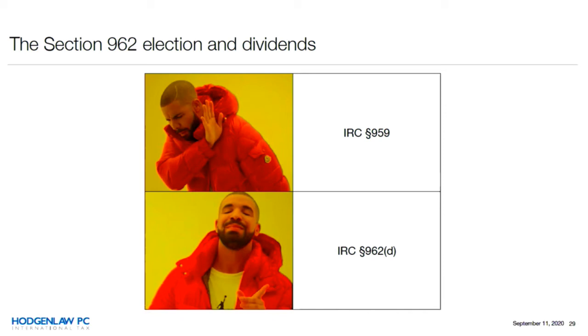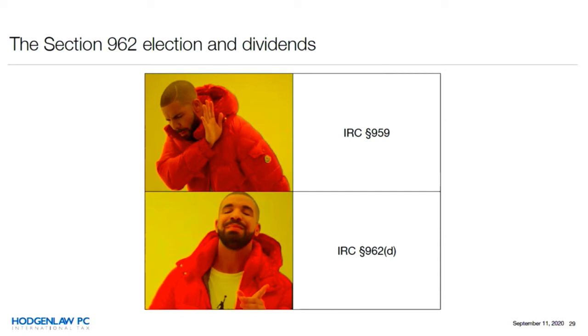Translation: you pay your income tax on the Subpart F inclusion or the global intangible low tax income inclusion, and you do not pay a second tax when cash is distributed out of the corporation to you, the shareholder, which is good. We like one level of tax. We don't like two levels of tax.